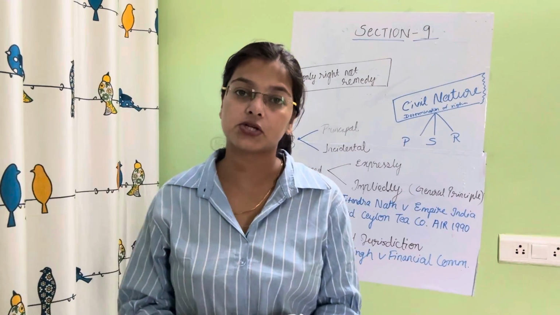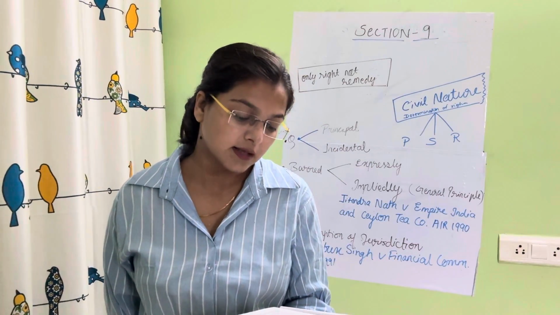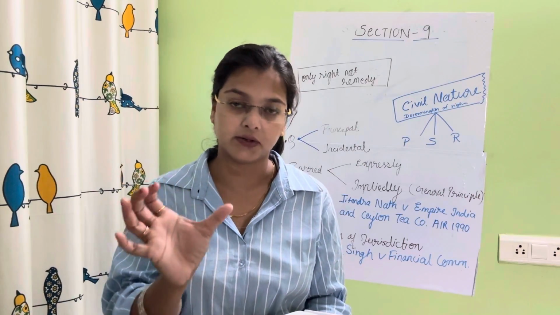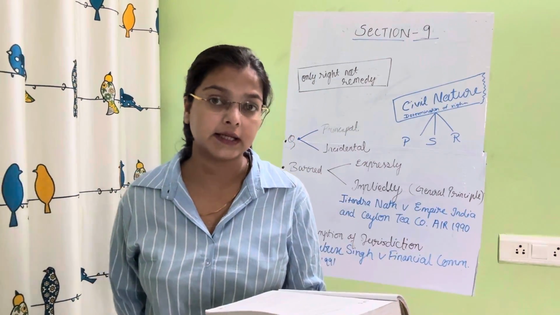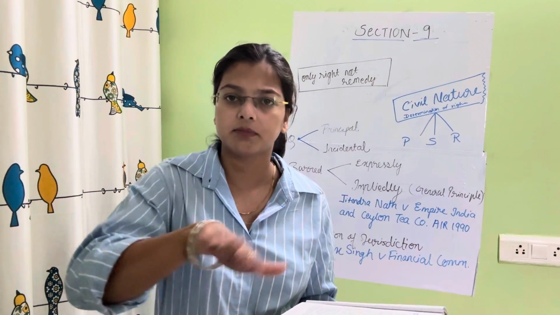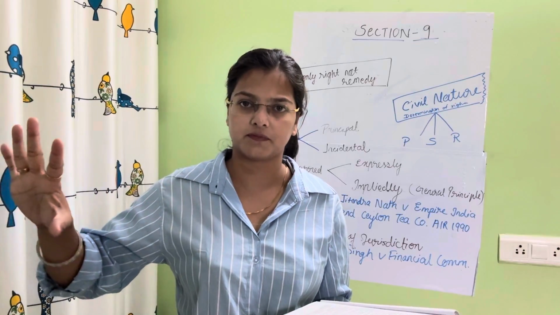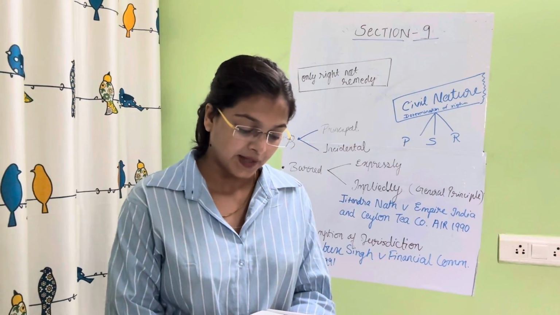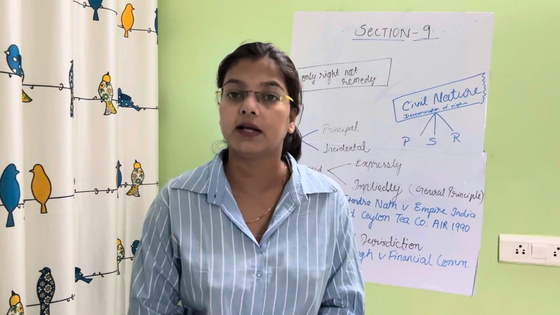So what is section 9 of CPC? Section 9 says the court shall, which means it has to, it is mandatory. The court shall, subject to the provisions herein contained, subject meaning whatever is given in this CPC, subject to all those provisions, the court shall have jurisdiction to try all suits of civil nature.